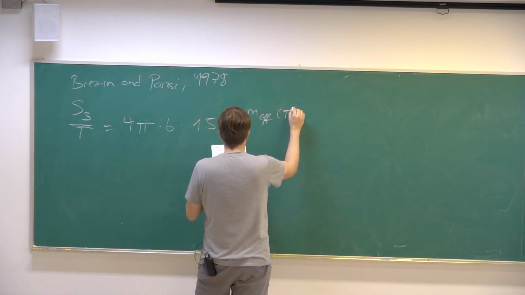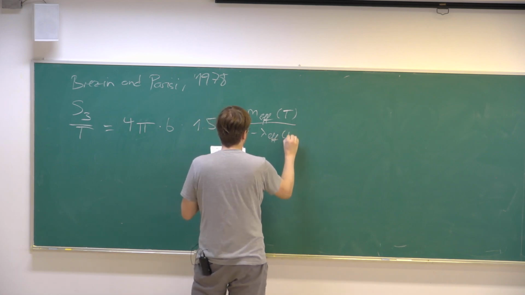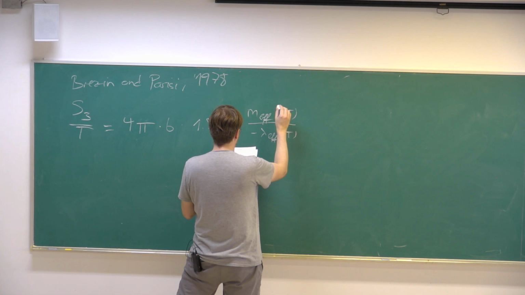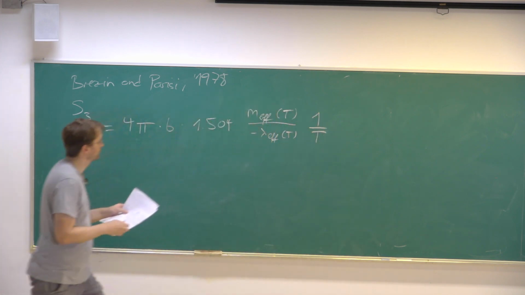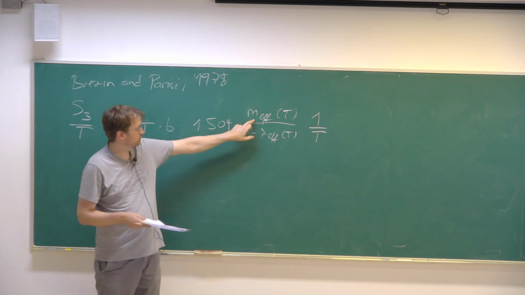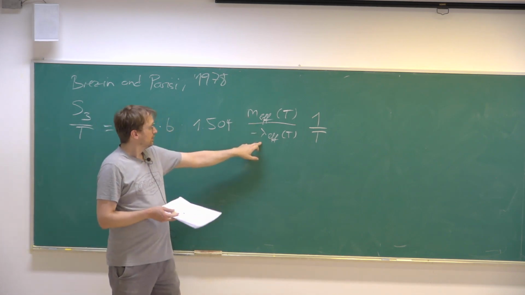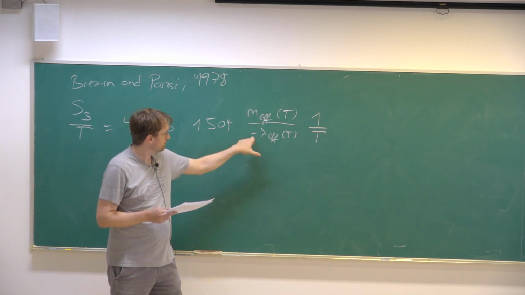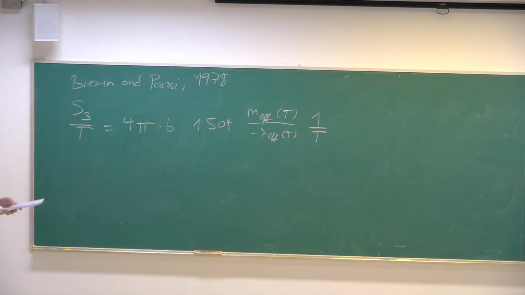Then it goes like the mass term over the effective coupling: the root of the mass term squared divided by minus the temperature-dependent effect of the quark decoupling. This was negative, right? So minus 1, this is positive, divided by the temperature, and that's the symmetric effect.